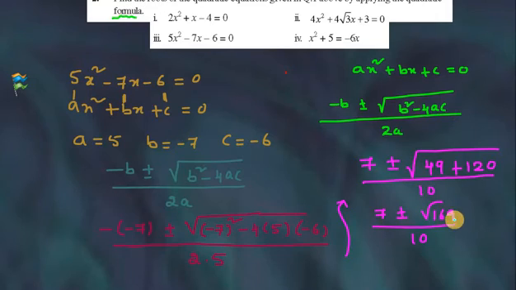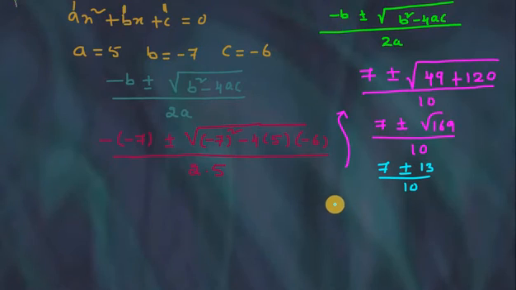So what is the root of 169? Square root of 169 is 13, so 7 plus or minus 13 by 10. If you go further, alpha is equal to, I am taking one time plus and the other time I am taking it as minus.